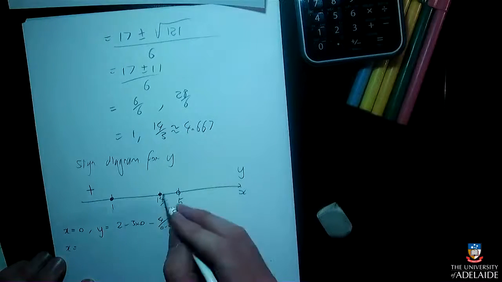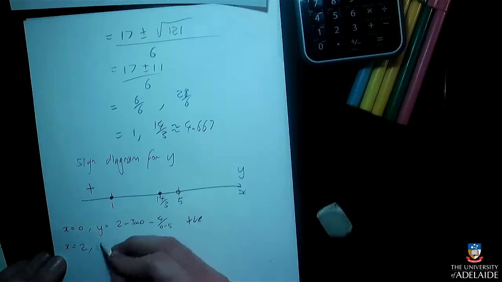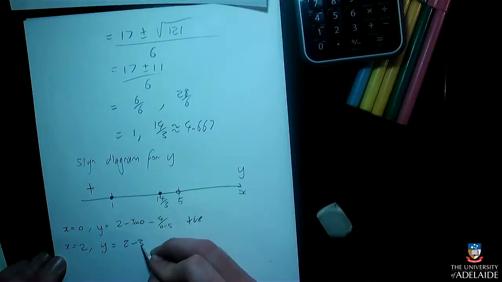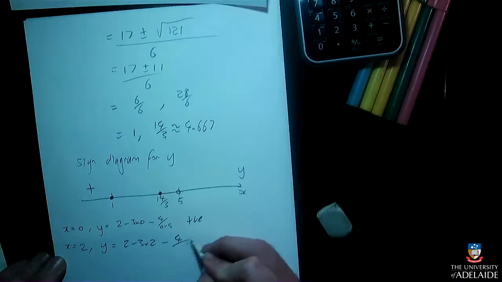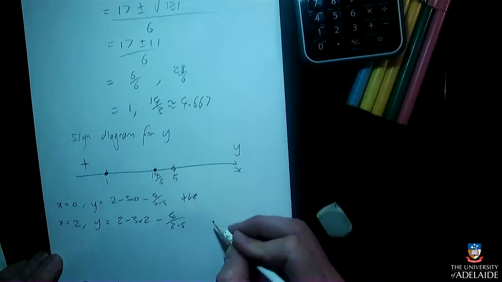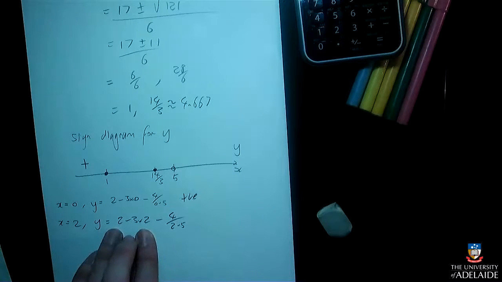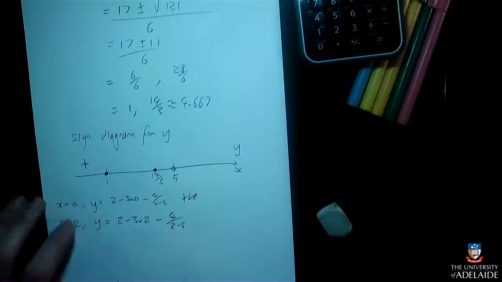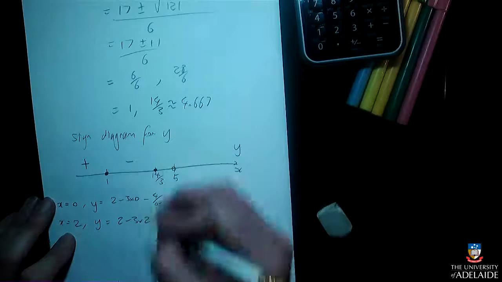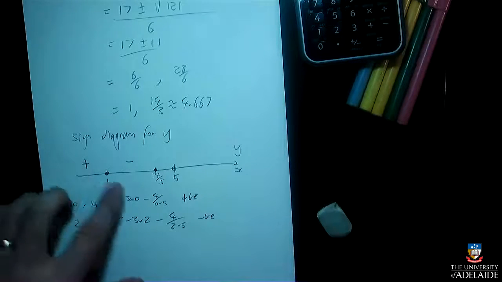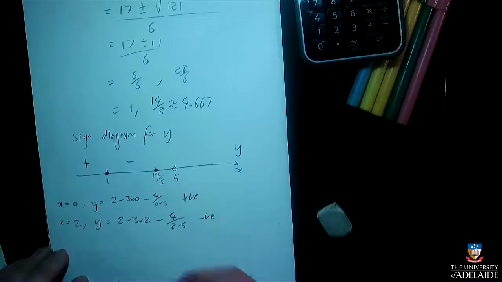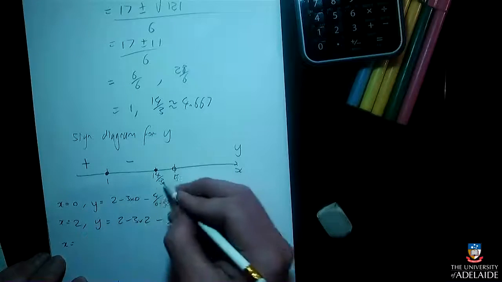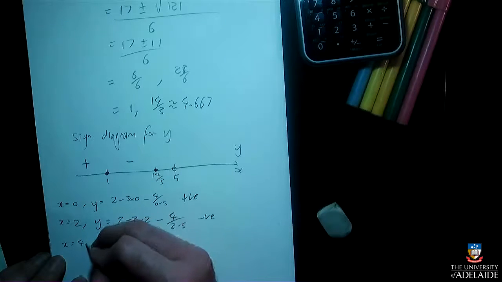Something between 1 and 14/3 is 2. 2 minus (3 times 2 minus 4) over (2 minus 5). So that's minus 4 plus 4/3, which is still going to be negative, which makes sense. It should cross the x-axis properly there, I reckon. Something between here and here, I'm just going to have to go 4.8.